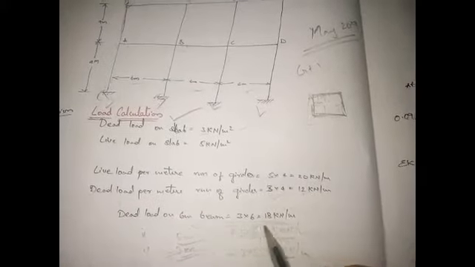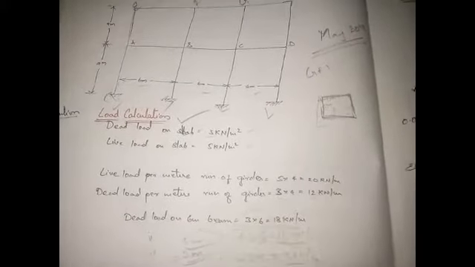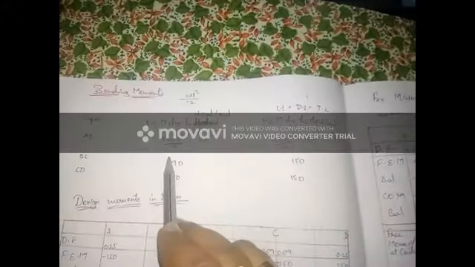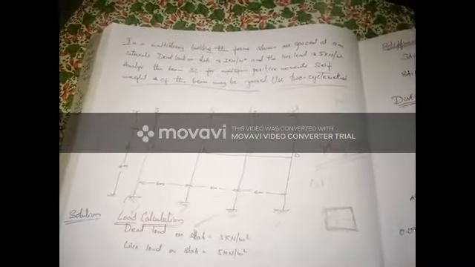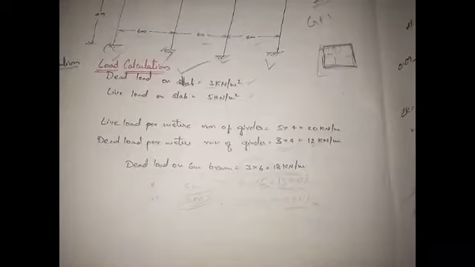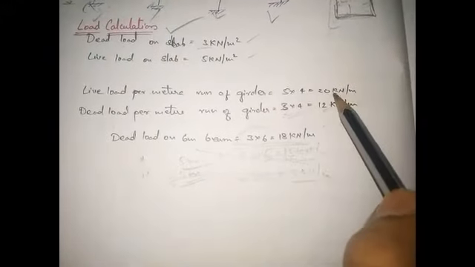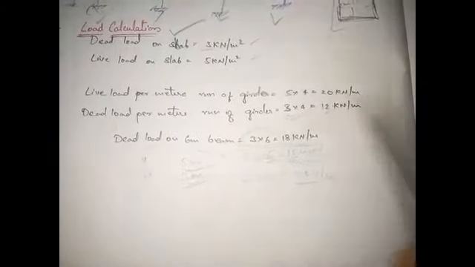Okay, and this is for the span beam. So directly we are considering the beam, that is 30 into 6 by 12, which equals 90, and BC is 90 and CD is 90. Now coming to the live loads, the live load is 20 kilonewtons and the dead load is 12 kilonewtons and 12 kilonewtons.